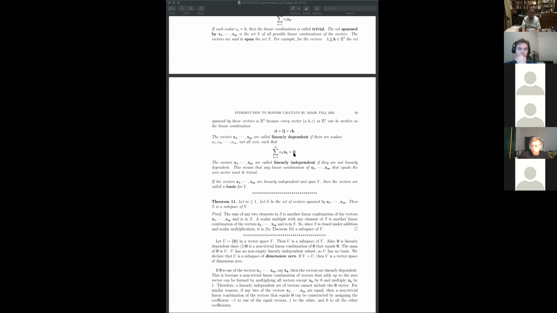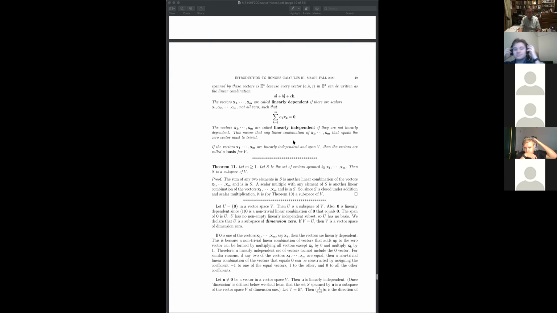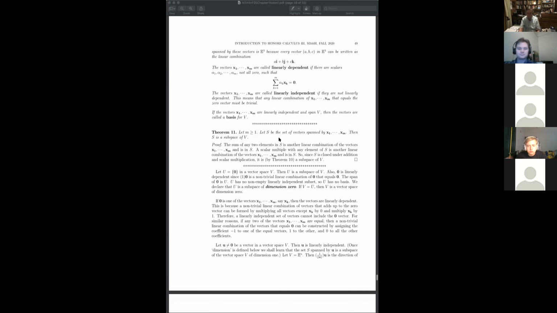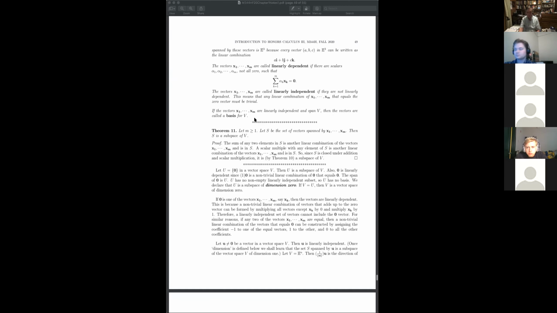So either you have a combination that adds up to 0 and all the scalars are 0, or there is some non-zero scalar such that you can make up a linear combination that adds up to 0, where at least one of the coefficients is not 0. So we will be using that. Vectors are called independent if they're not dependent, and so on. We already said that.